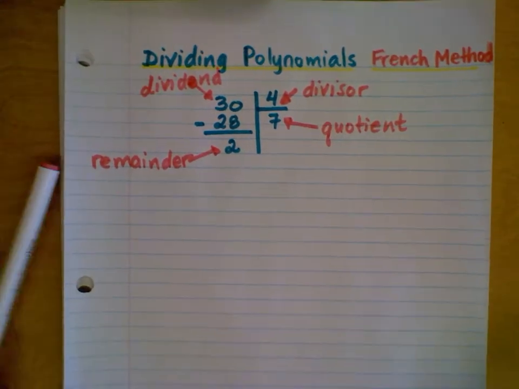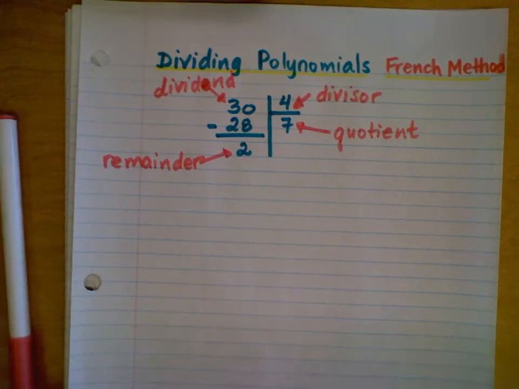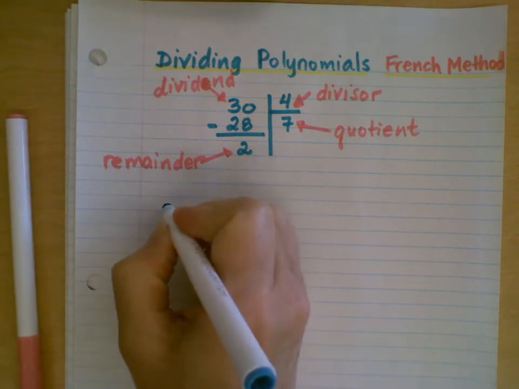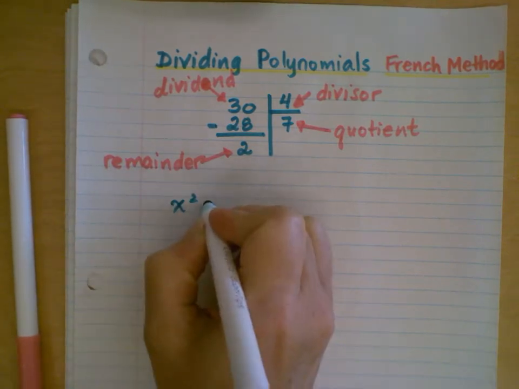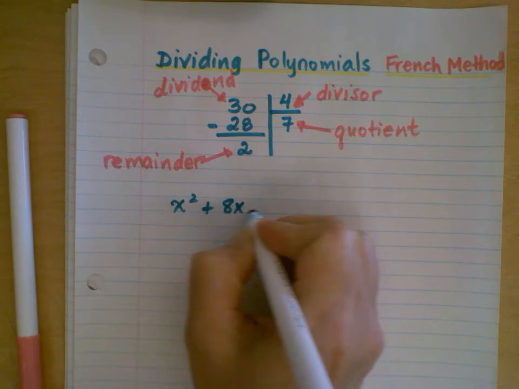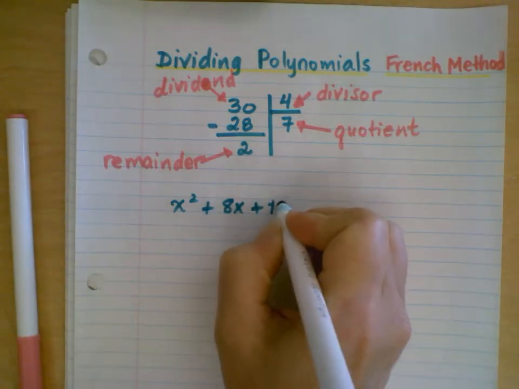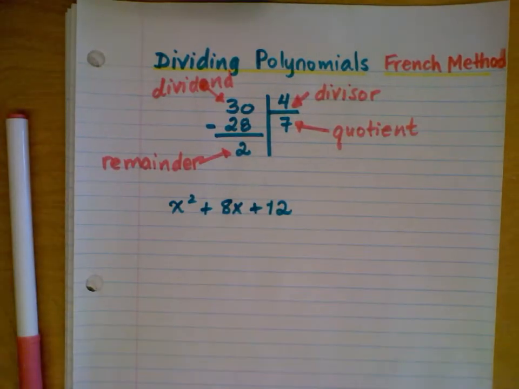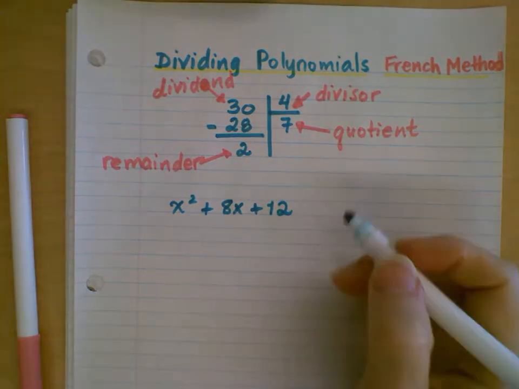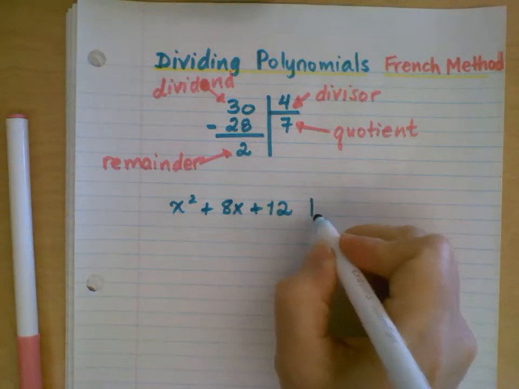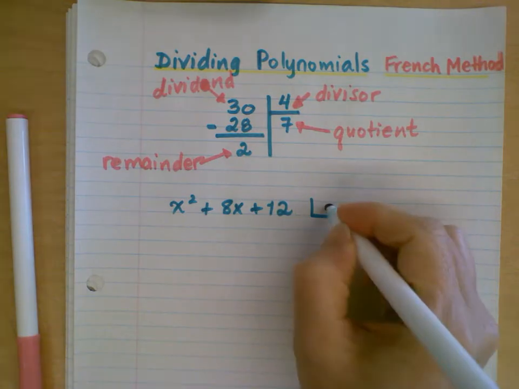Okay, so let's look at one with a polynomial to see how that applies. The first example we're going to look at is x squared plus 8x plus 12. So a trinomial. And we're going to divide that by x plus 2.